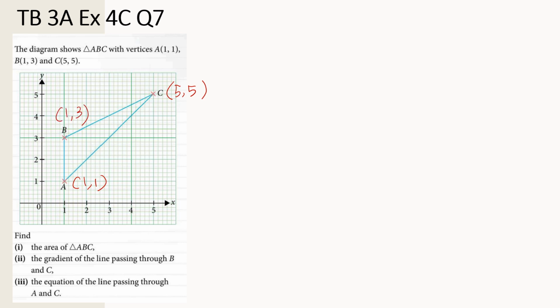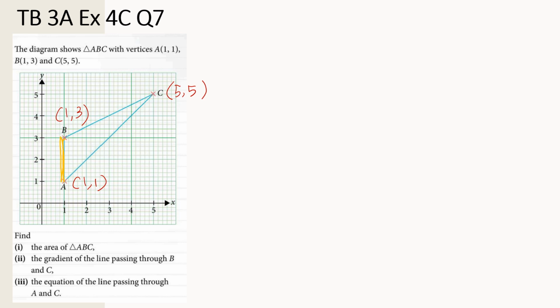All right, so what is it we need to do? Find the area of triangle ABC. That is easy. We have done this before in exercise 4B, I think. So what we need to do is, I'm going to use this one as the base. If AB is my base, I need a perpendicular height.